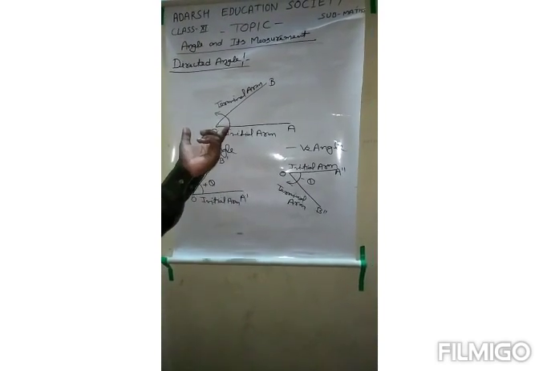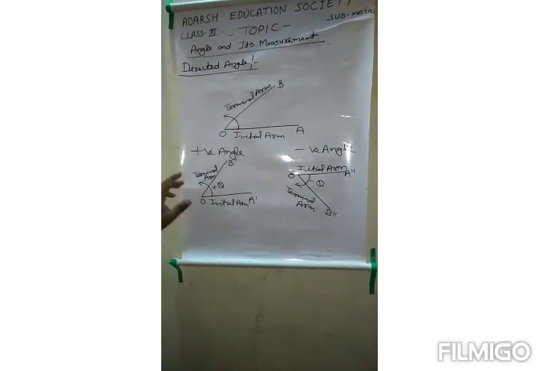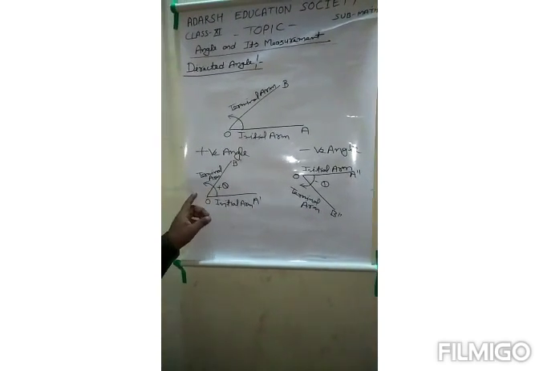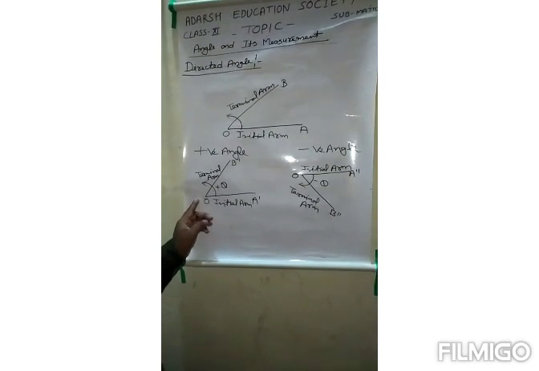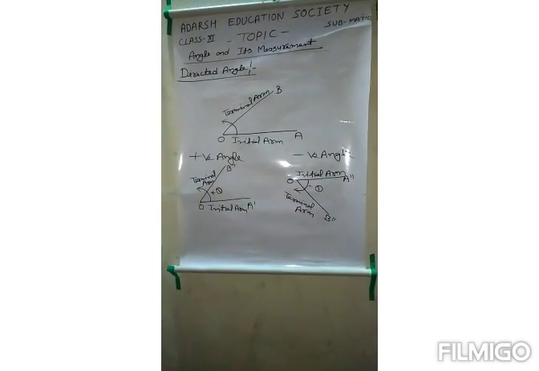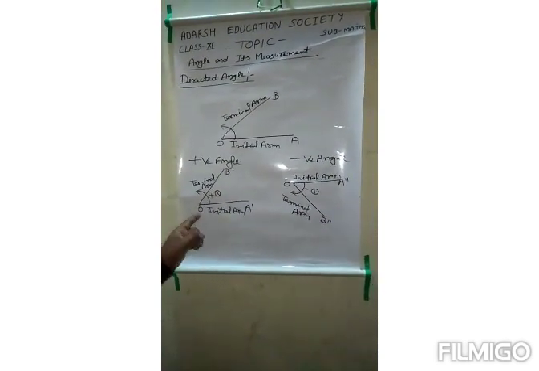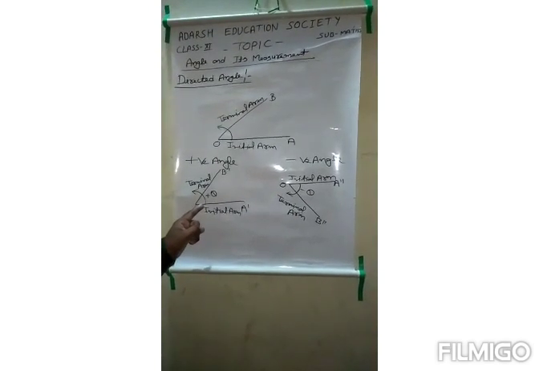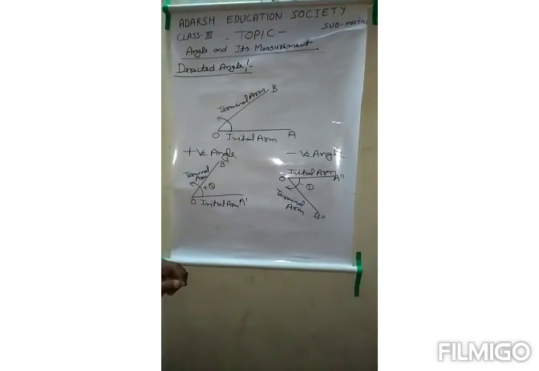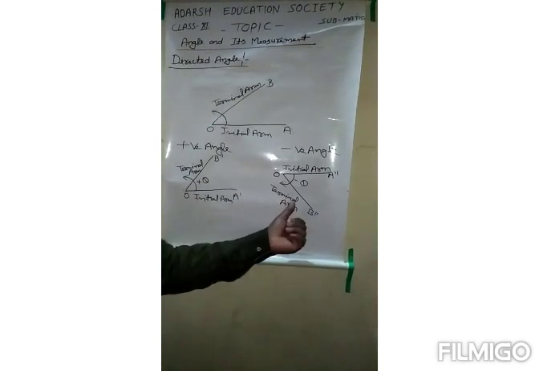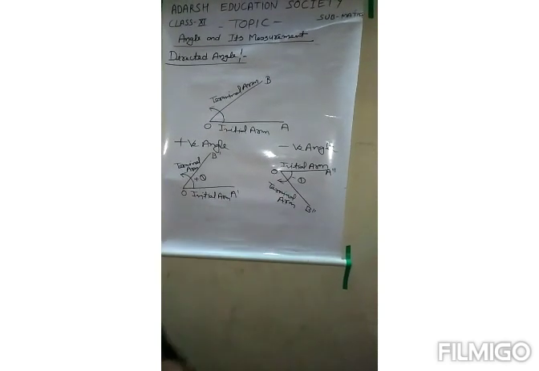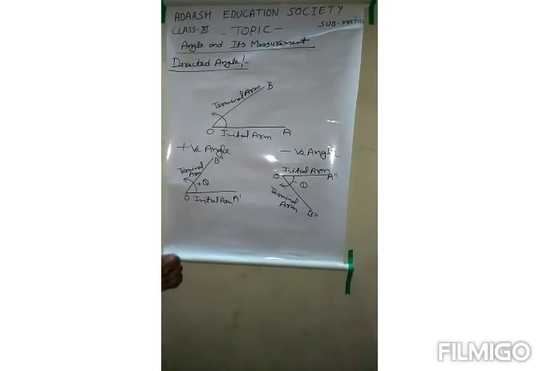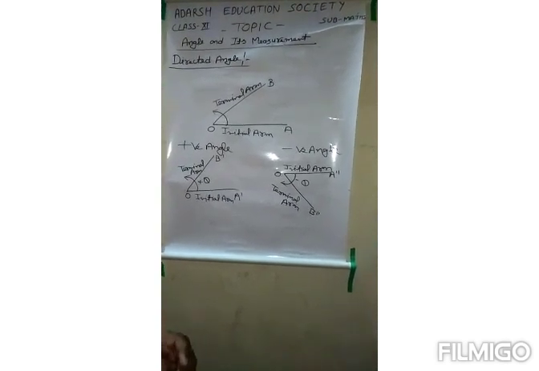On the basis of sense of rotation, the angles are divided into two subparts, positive angle as well as negative angle. Positive angle is that angle in which the sense of rotation is towards the anti-clockwise direction, and negative angle is that angle in which the sense of rotation is towards the clockwise direction.